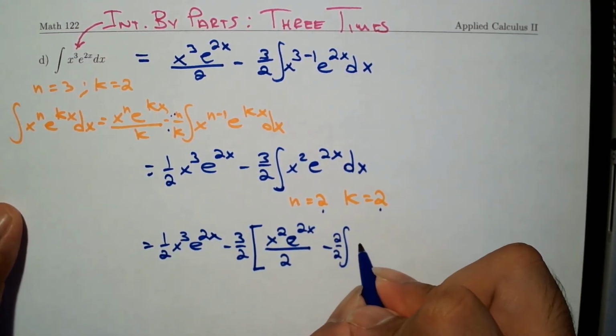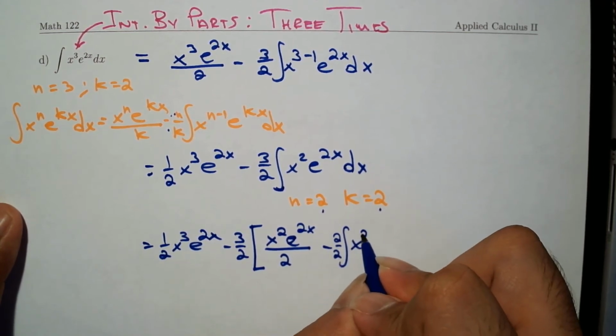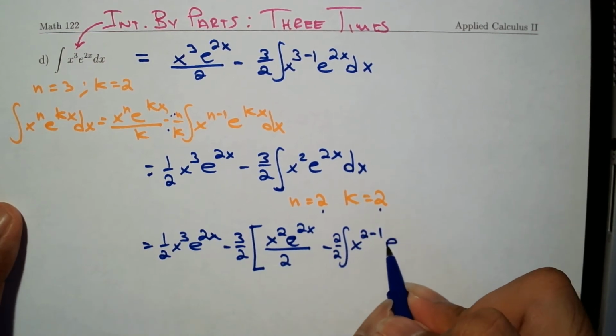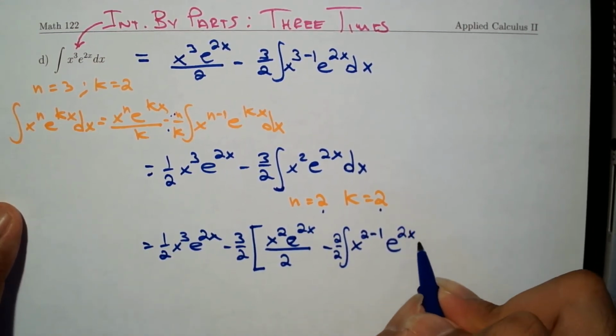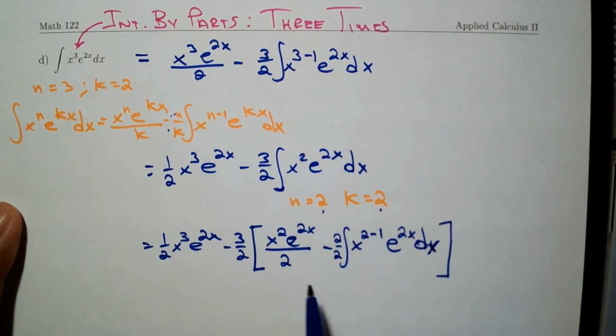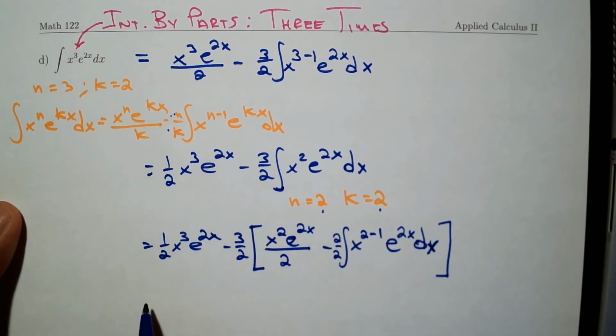So we are going to have x to the n, which is 2 minus 1, in accordance with the formula right here, e to the kx, which is 2x, dx. Okay, before distributing and whatnot, let's simplify a little bit here.